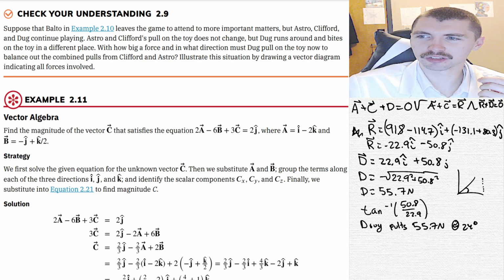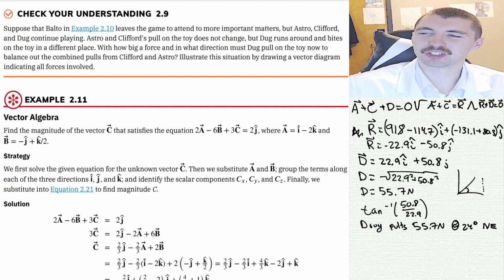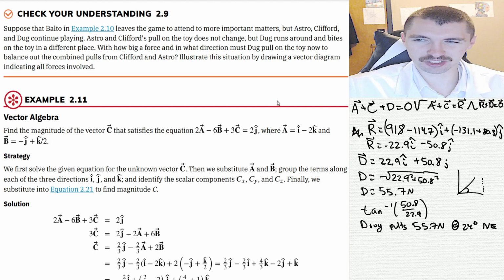So I'm just gonna say 24 degrees. I guess since we're on a plane, we should say northeast. I guess it is courteous. I mean, it only makes it clearer, you know? And when it gets to 3 dimensions, I guess that gets a little trickier as well.